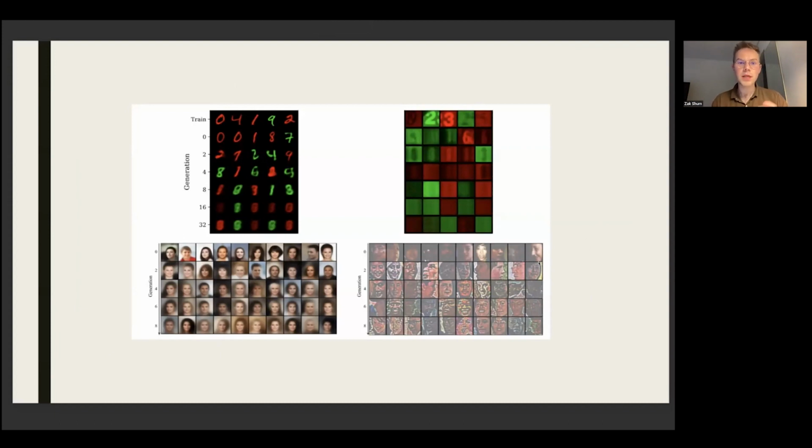So they decided to create a synthetic data set on which you could directly quantify this. So imagine a setting where you have your images and you decided to color them one of two ways.